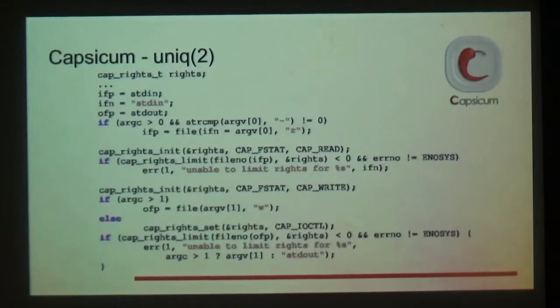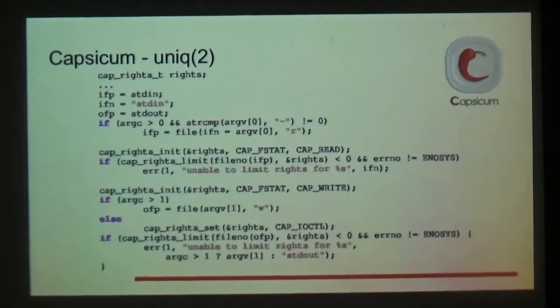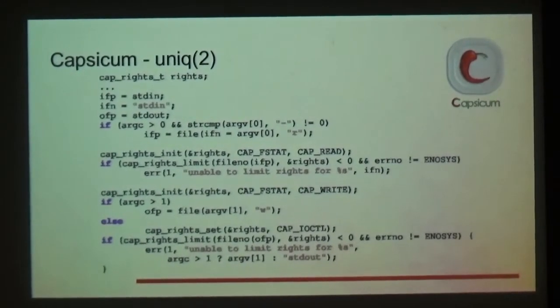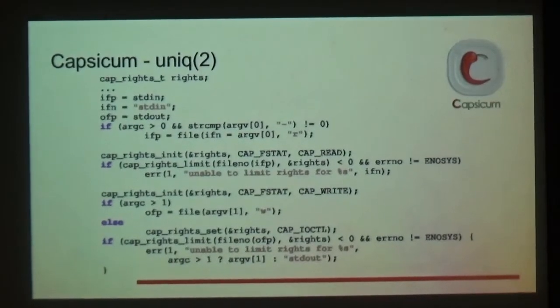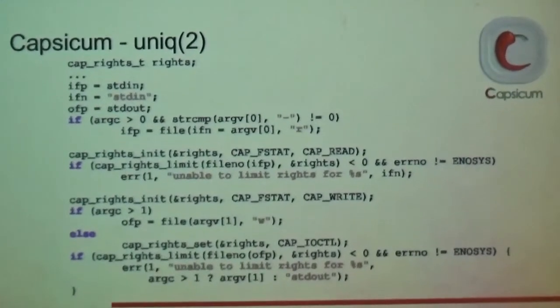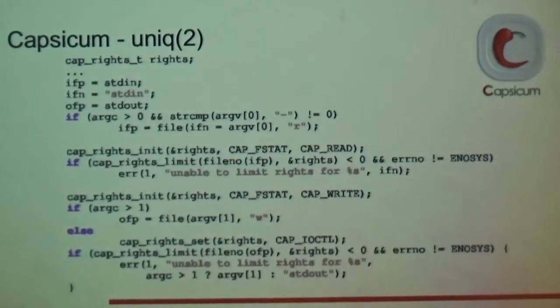So here we have an example of how Capsicum is used in the Unix program from FreeBSD. First we install it, and we also need to analyze the code. After the analysis, we came up with the fact that the program only needs two descriptors: one from which it is reading, and another one to which it is writing.